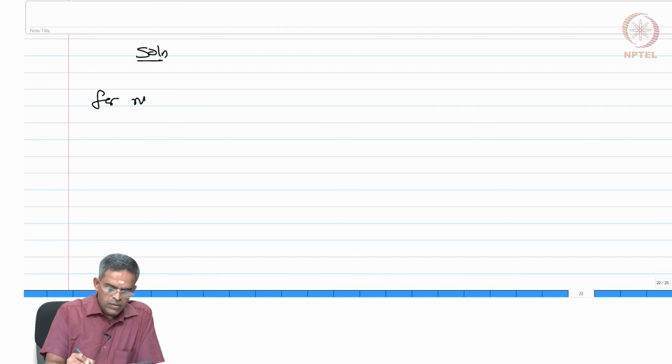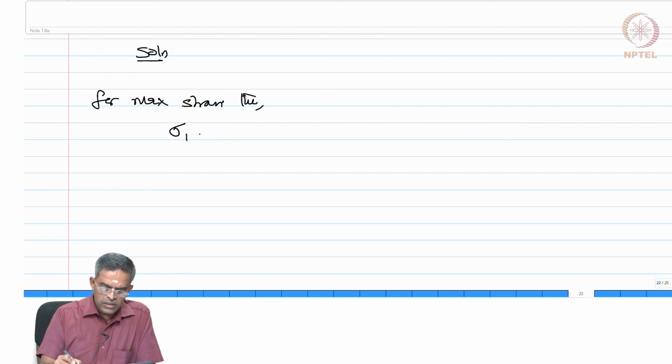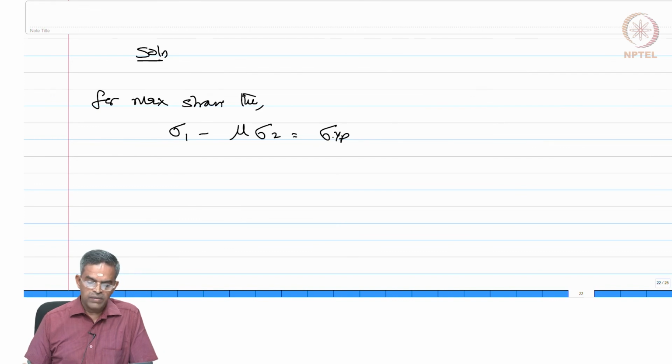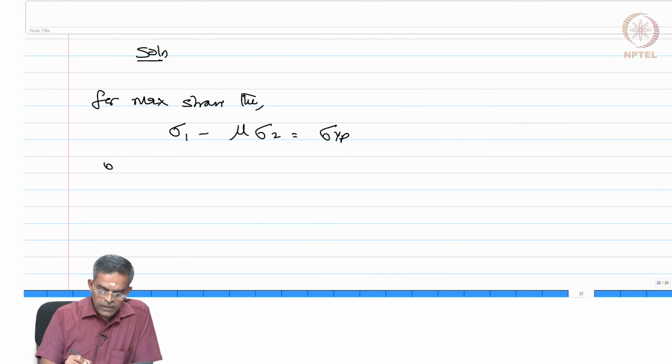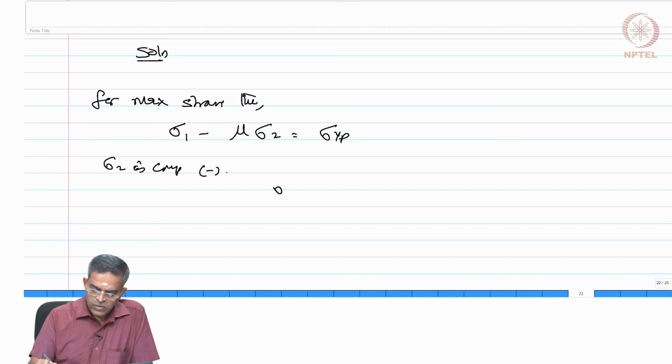For maximum strain theory, the governing equation is sigma 1 minus mu sigma 2 is sigma yp. Please check the derivation what we did. In this case, sigma 2 is compressive, so we take it as negative. Okay. So, sigma 1 minus mu of minus sigma 2 is sigma yp.